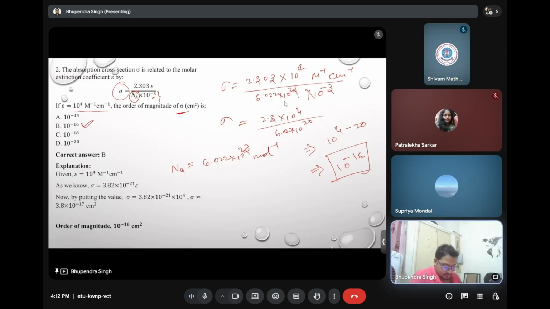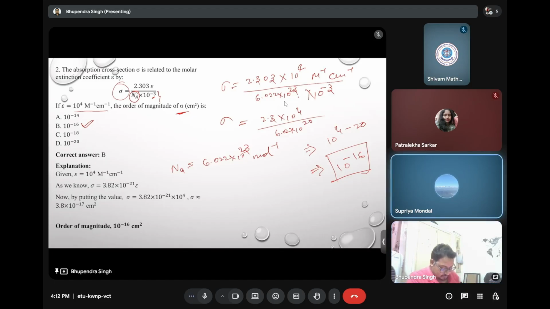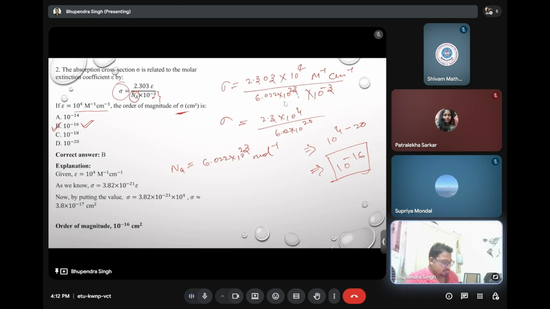The equation in the question was wrong actually, so the answer is B. Could you take your pen and paper and try to find the unit of sigma, which is centimeter square? Everything is written there. Just try it out. I'm giving you 2-3 minutes.